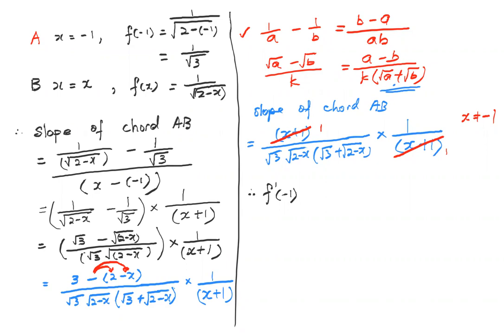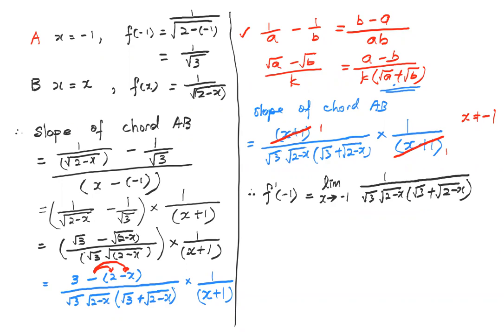You can also write it as f prime instead of dy/dx, equal to limit x approaches -1, 1 over square root of 3 square root of 2 minus x, open bracket, square root of 3 plus square root of 2 minus x.